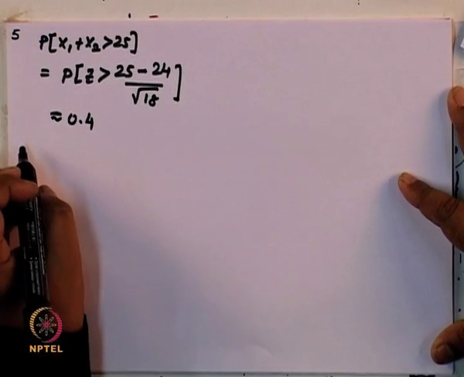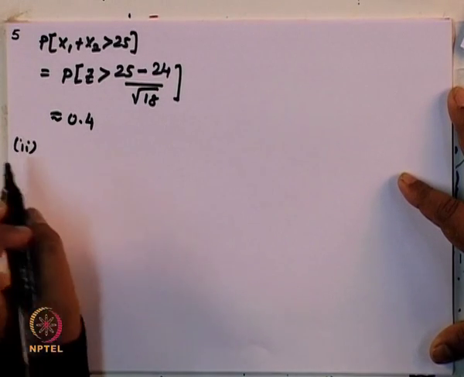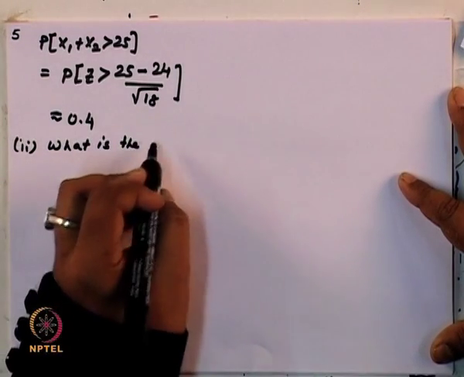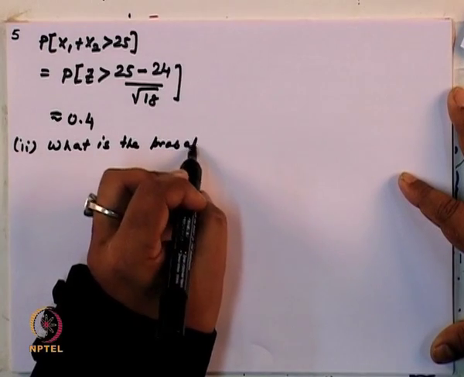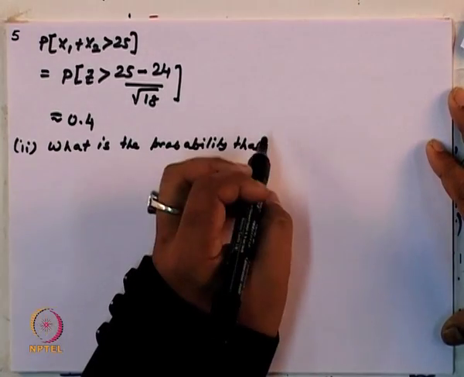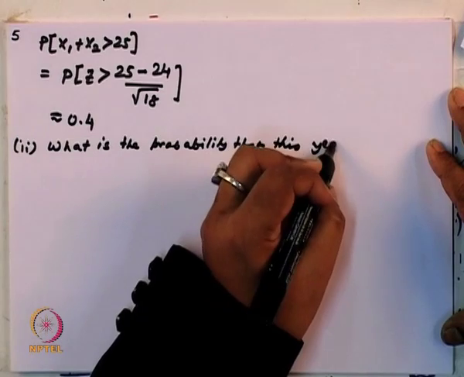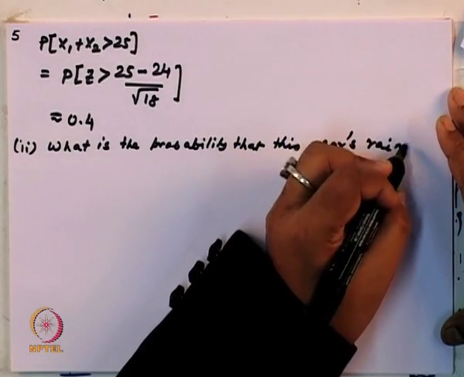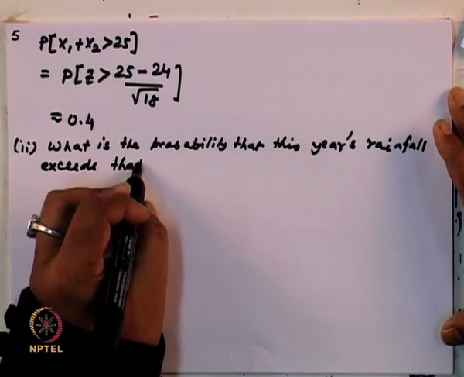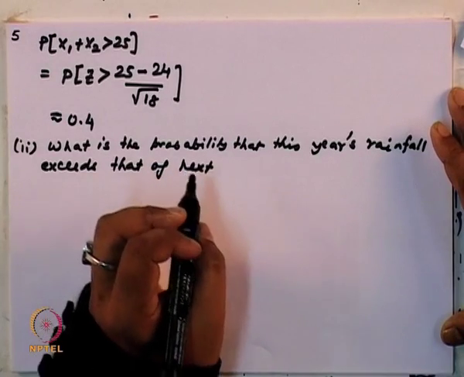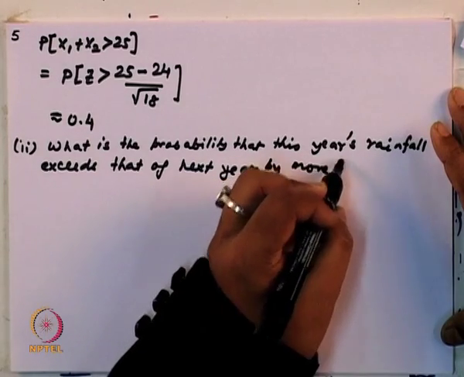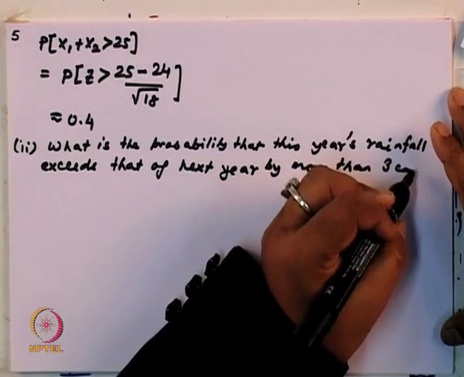We can ask another question. Let us take another question: what is the probability that this year's rainfall exceeds that of next year by more than 3 centimeters.